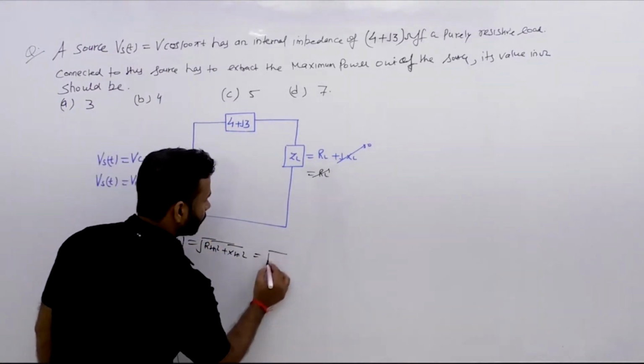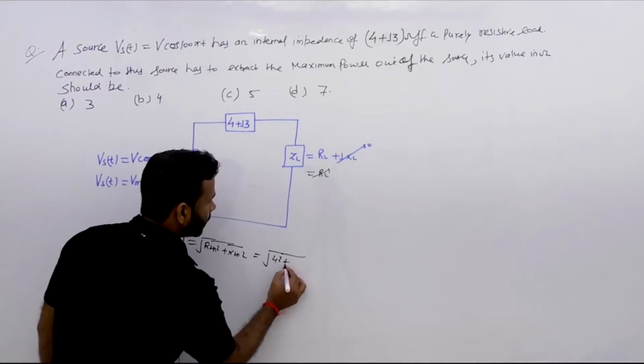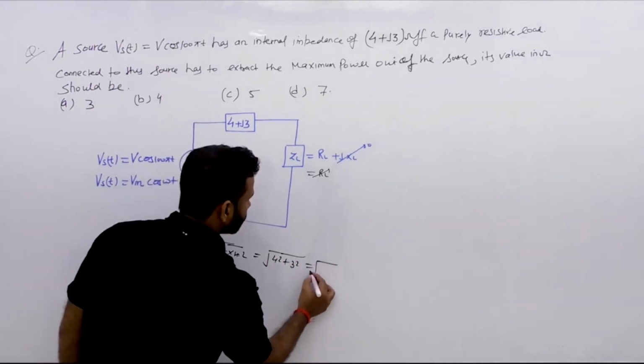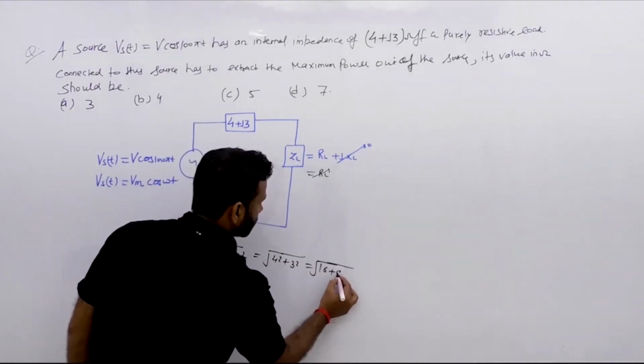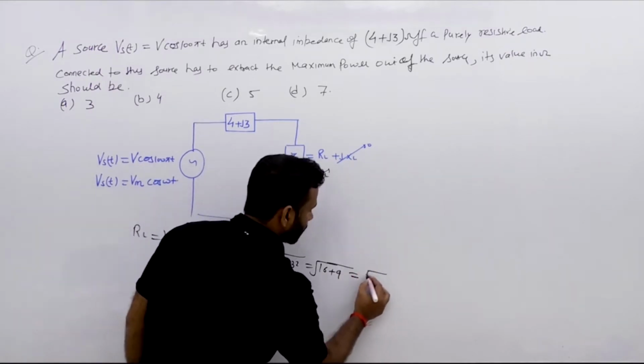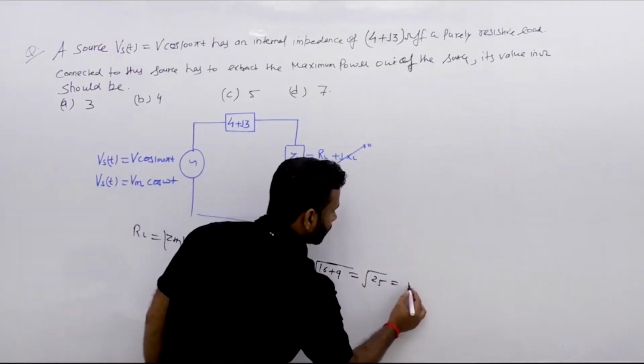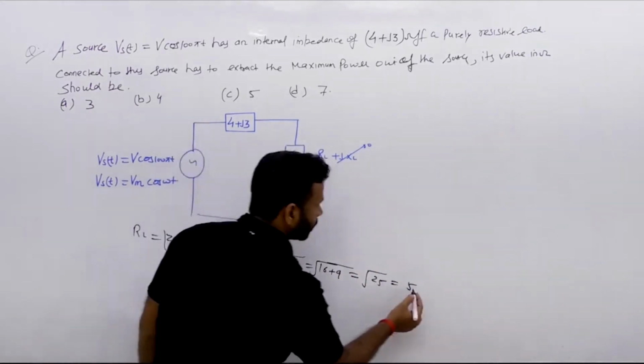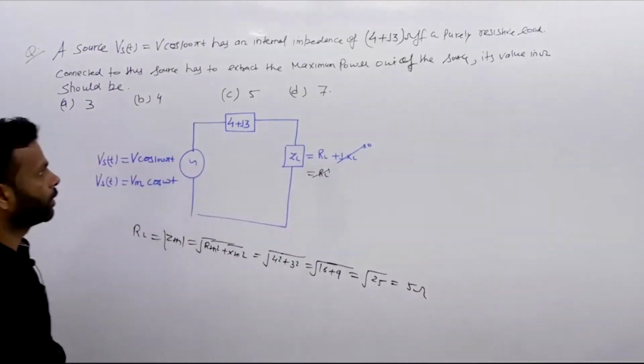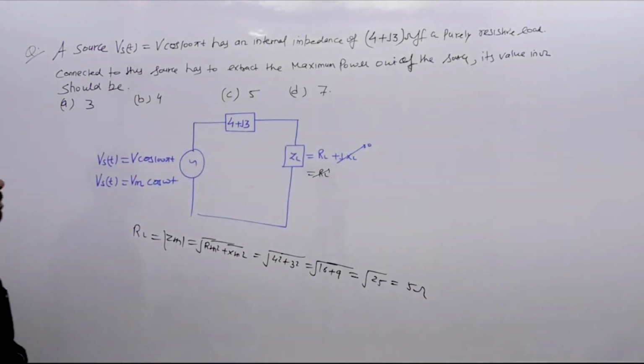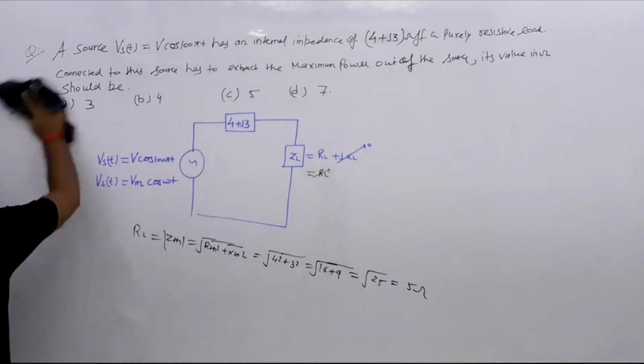So it is 4 square plus 3 square, 16 plus 9 is 25, and the root of 25 is 5. So we have to connect a load resistance of 5 ohm to have the maximum power at the load. Now we will solve the next numerical. Let's see what our next numerical is.